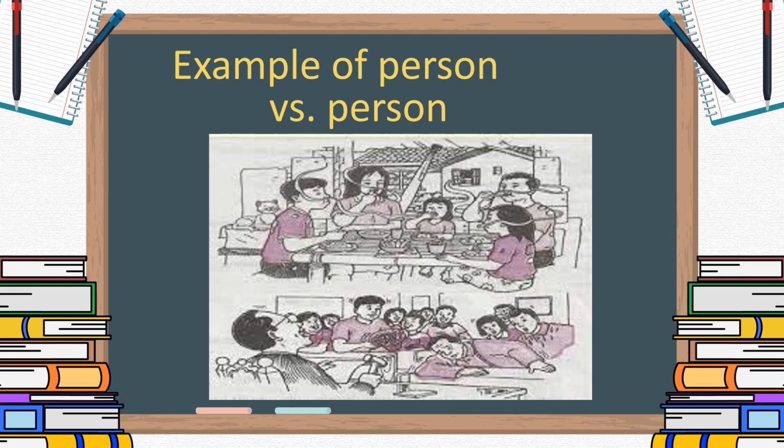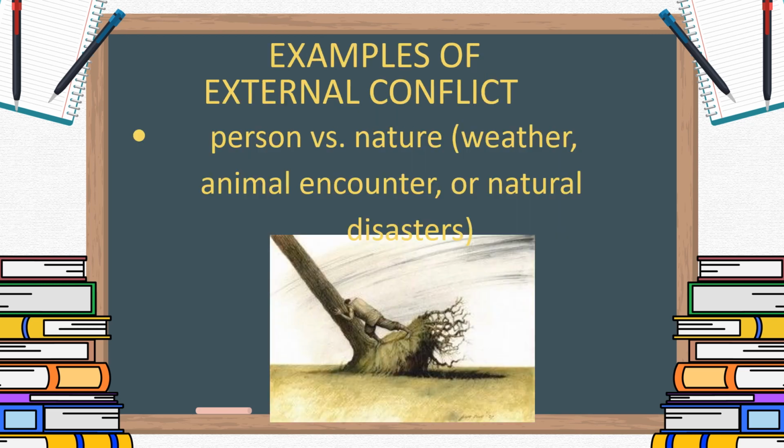The following pictures show different kinds of person to person conflict. Examples of external conflict, person versus nature, whether it is weather, an animal encounter, or natural disasters.